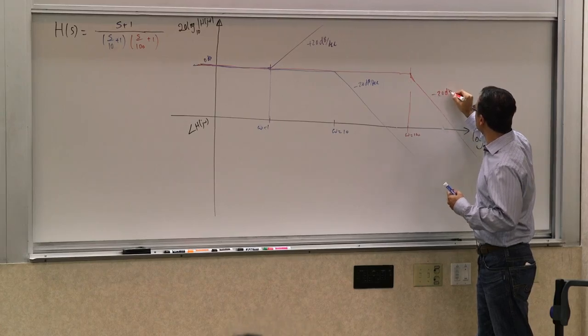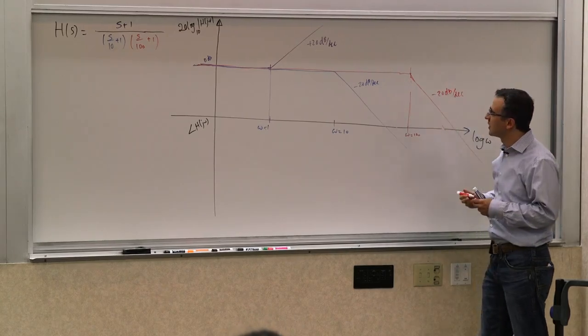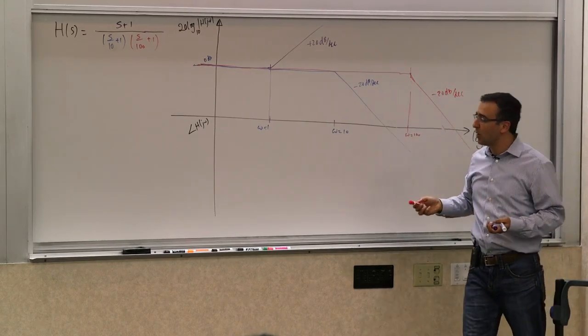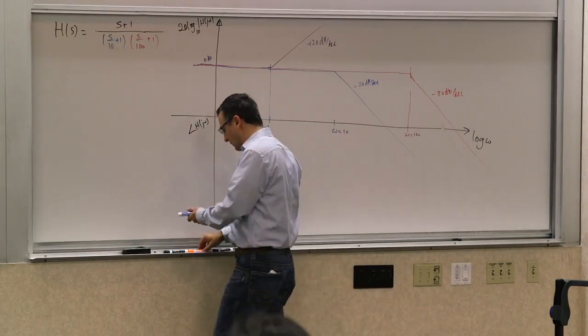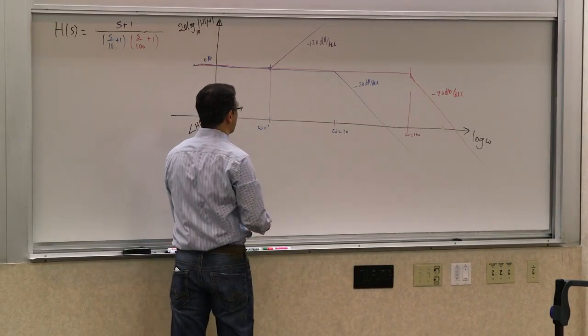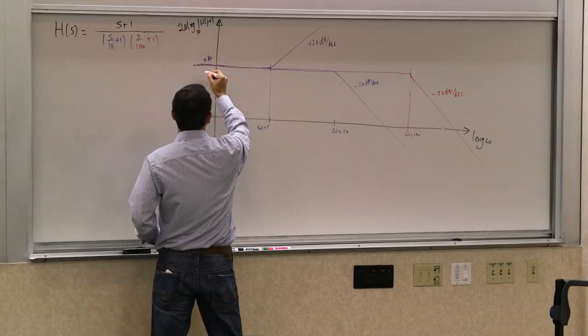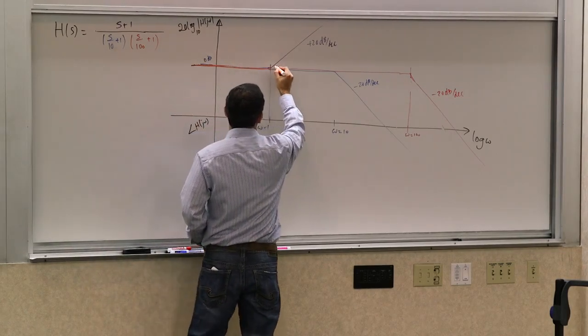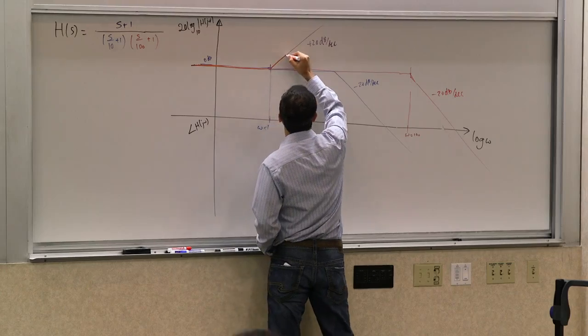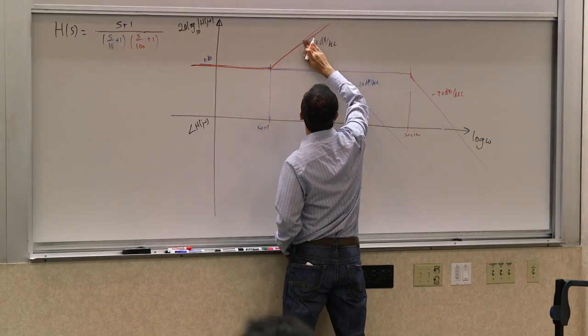Negative 20 dB per decade. So the magnitude part of my Bode plot is really the sum of these three asymptotes, right? So what are the asymptotes like if I were to do this? Up to here, I have 0, so it keeps going up.